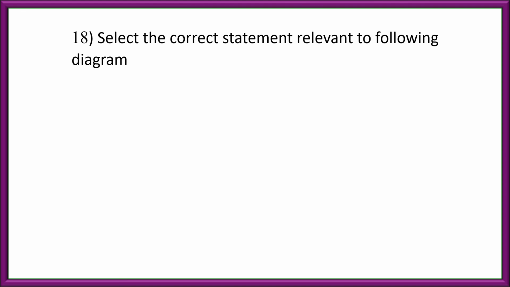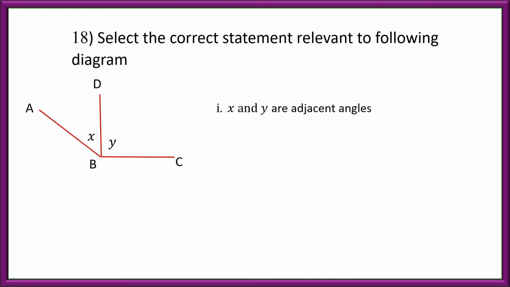Question number 18. Select the correct statement relevant to the following diagram. X and Y are adjacent angles. Here BD is the common arm, point B is the common vertex, and angle X and angle Y are located on either side of the common arm. Therefore, it's true that X and Y are adjacent angles. But let's see the other statements.